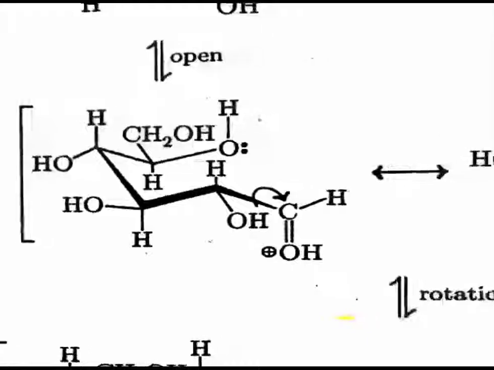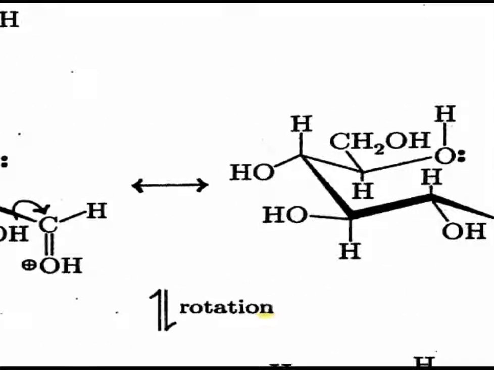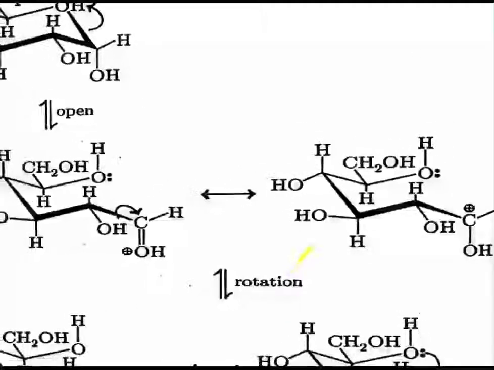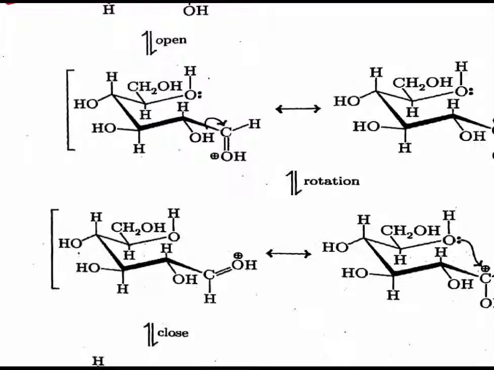Now this open form is in equilibrium. That means this can show rotation. So if it rotates, then you will get both the alpha and beta form.